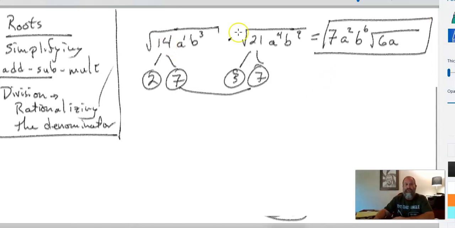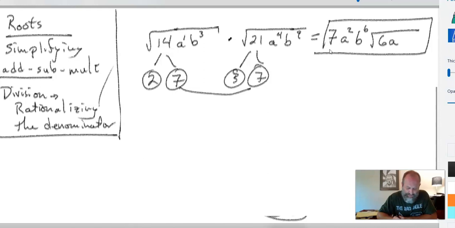You could, of course, multiply everything together into a single radical. Let's see, 14 times 21 is going to be 140. No, that's not right. Let's see here. 49 times 6 is, oh, there we go, 294.